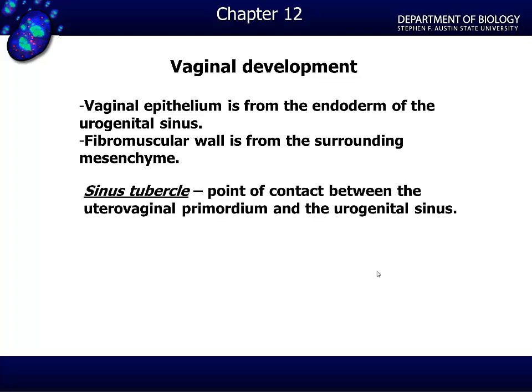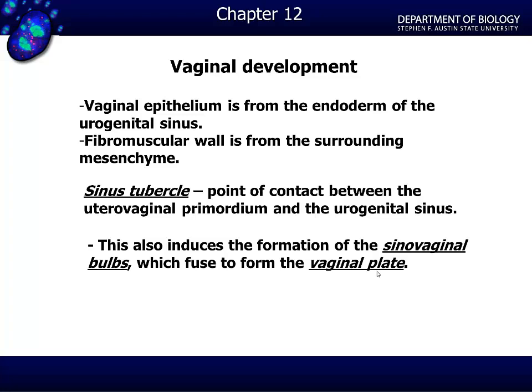So at the point on the inside of the urogenital sinus where that uterovaginal primordium contacts, we're going to see an enlarged bulb form. And this is called the sinus tubercle. Now, the sinus tubercle is going to be an inductive center. The sinus tubercle is going to induce the formation of the sinovaginal bulbs.